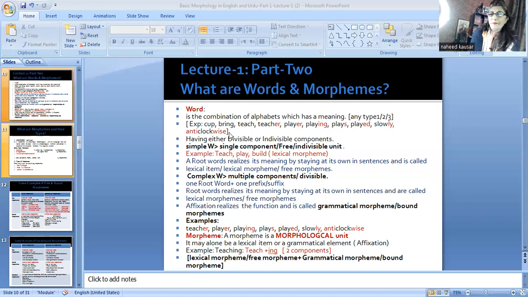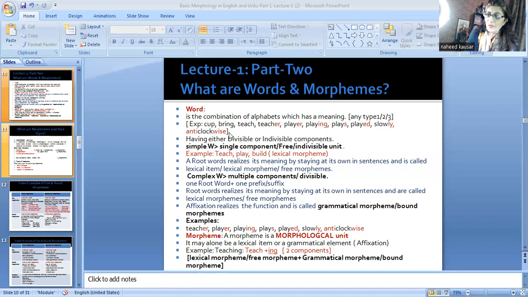Now the question arises: what are the types of morphemes, and are they more or equal in number to the word types? In the previous lecture, we learned that there are three types of words: simple words, complex words, and compound words.